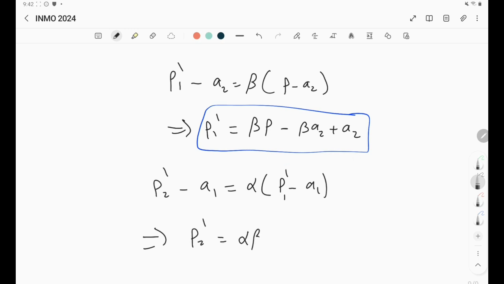So it's alpha beta P minus whatever, like alpha times that thing. Okay, here we expanded, we're multiplying by alpha. And then, sorry, I think here it should be plus. Yeah, it should be plus. Okay, now we need to subtract alpha times A1.